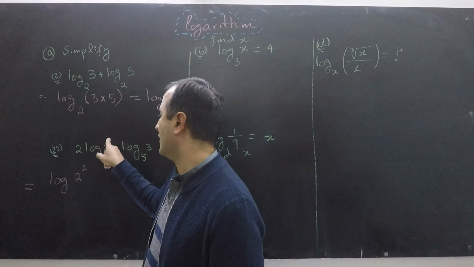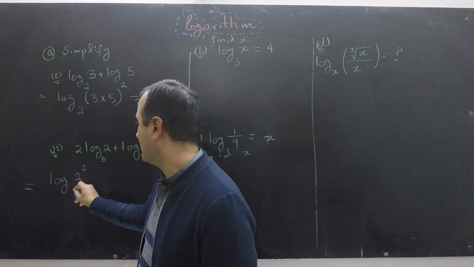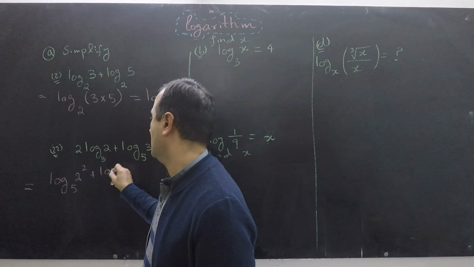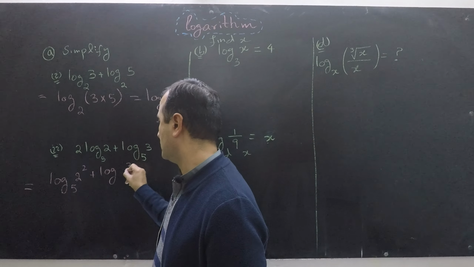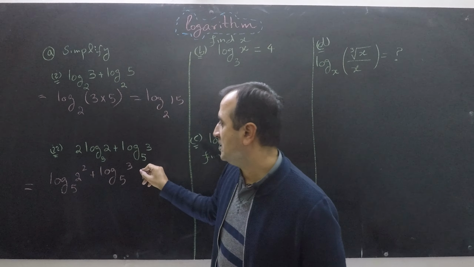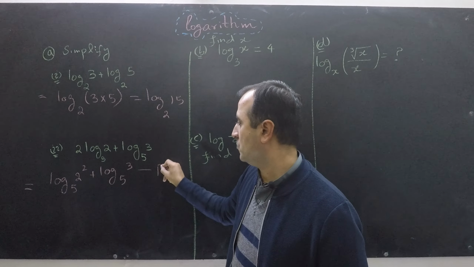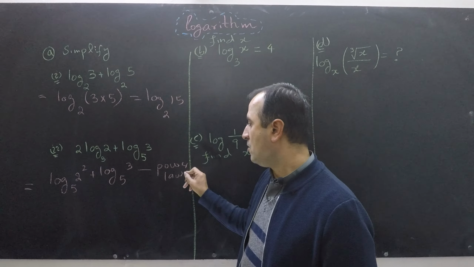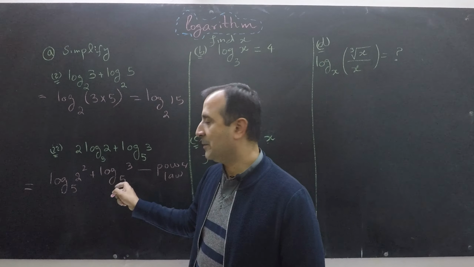This 2 is now inside and it becomes power, base 5, and plus log 3 base 5. Now this was basically what rule I have applied? I have used power rule, power law.